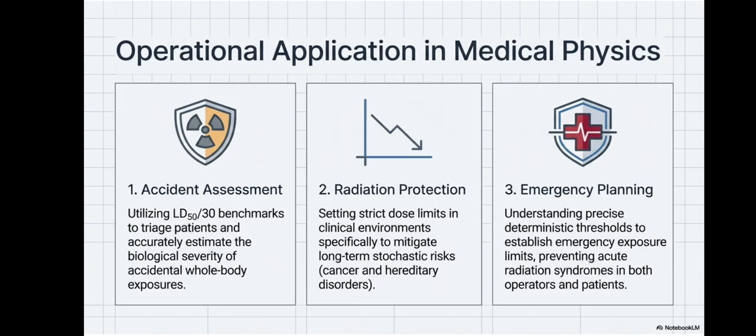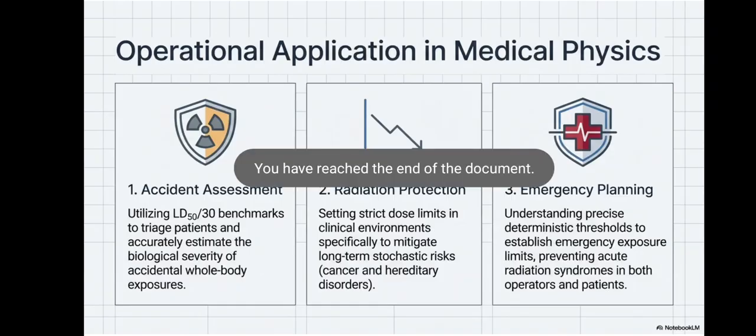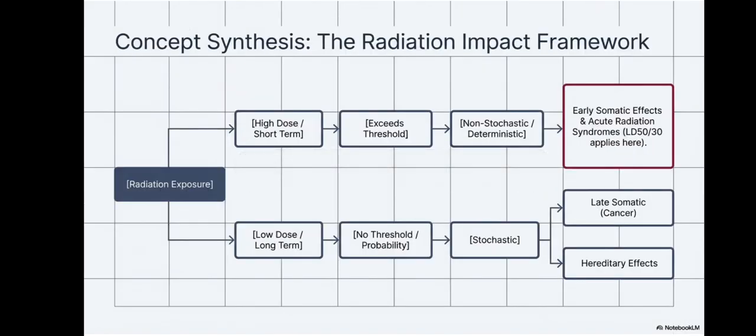Then we discuss concept synthesis, the radiation impact workflow. First, radiation exposure, which is high dose or short term, or low dose or long term. High dose exceeds the threshold, while low dose has no threshold, only probability.